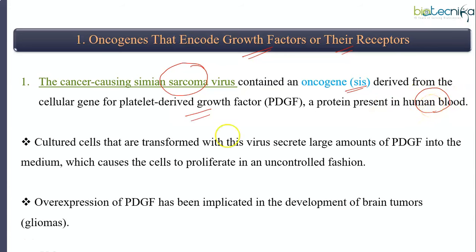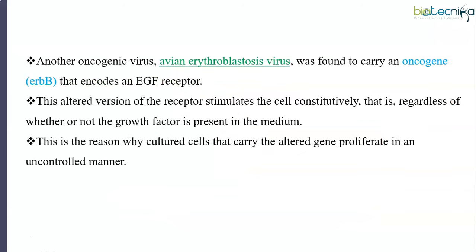So the cultured cells that are transformed with this virus, that means the sarcoma virus, what happened? They secreted a large amount of this growth factor in the medium that leads to uncontrolled proliferation of cells. So the overexpression of this PDGF has been implicated in the development of brain tumors.